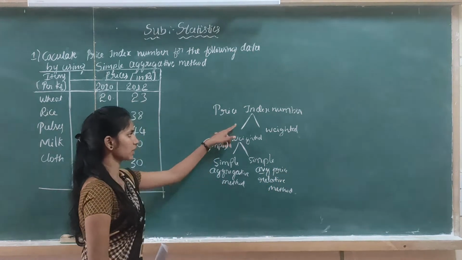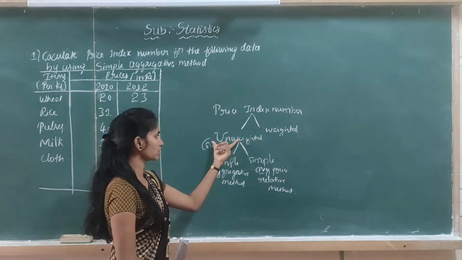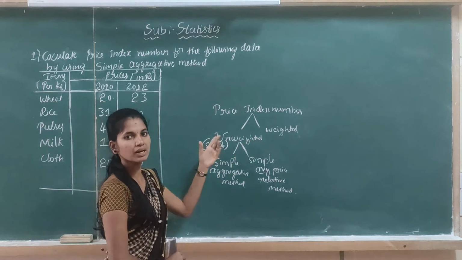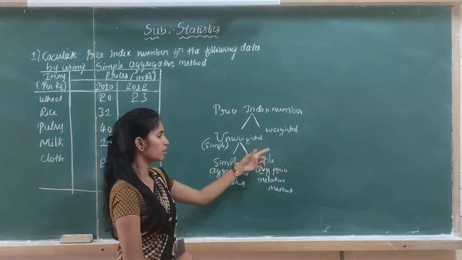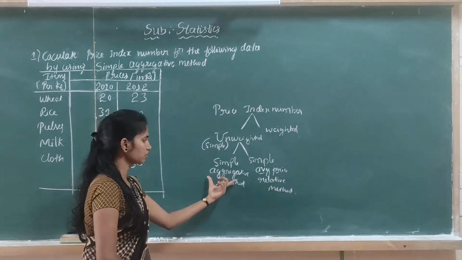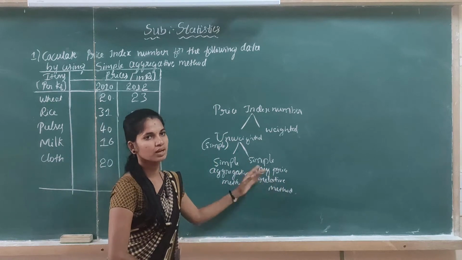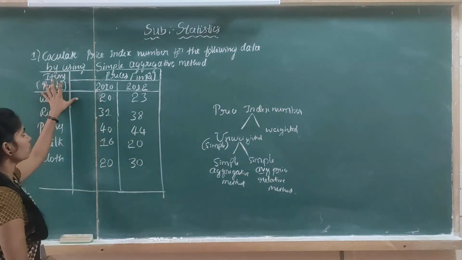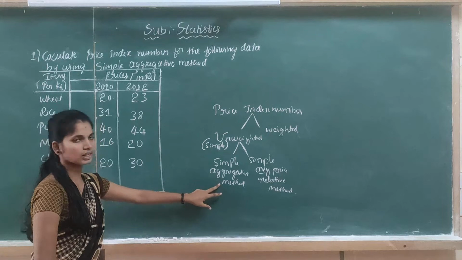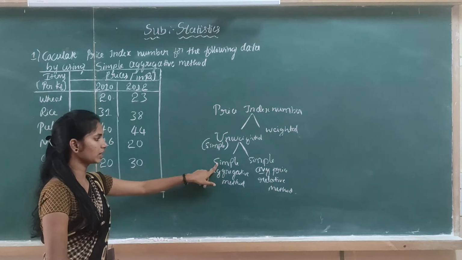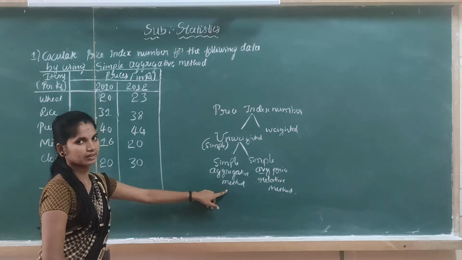Here the price index number can be divided into two types: the unweighted or simple price index number, and the weighted price index number. Next, it can be divided into two types: the simple aggregative method and the simple average price relative method. This problem is related to the simple aggregative method, that is, the unweighted aggregative method.